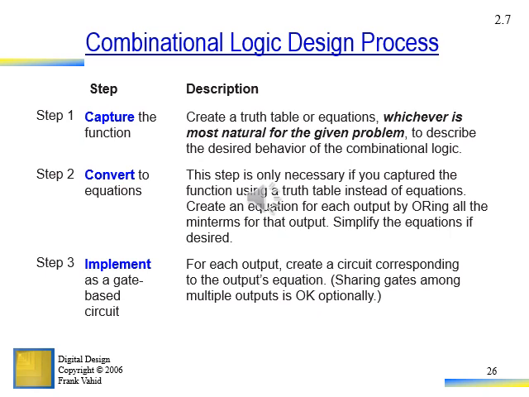But if you have already captured the function in the form of an equation, then step 2 is not required. And then in step number 3, you have to implement it as a gate based circuit. When you have simplified your equation, then after simplifying the equations, you will implement the circuit by using different gates.